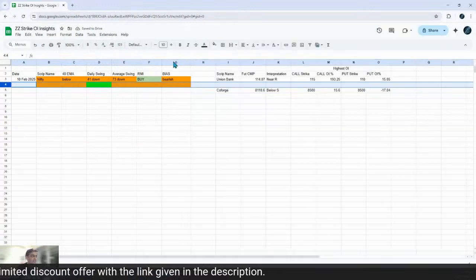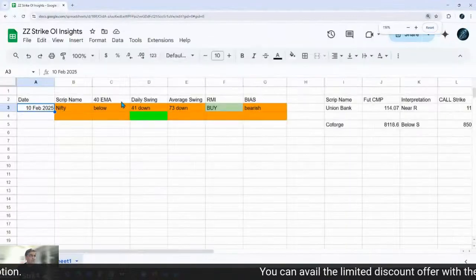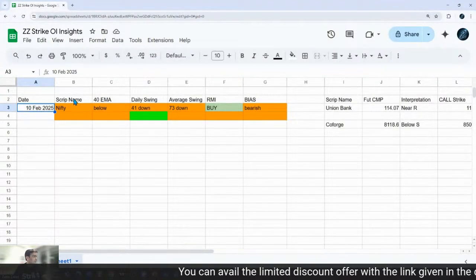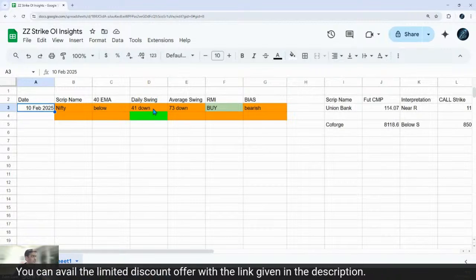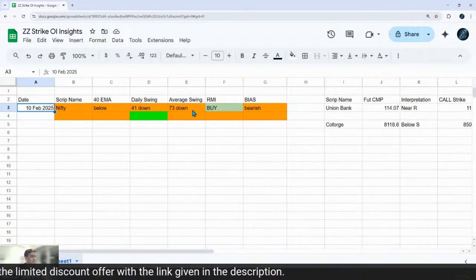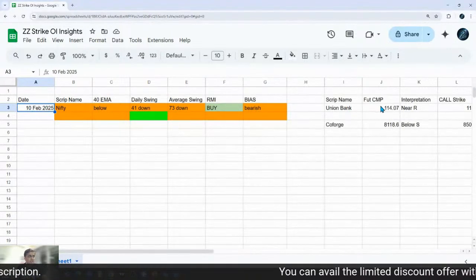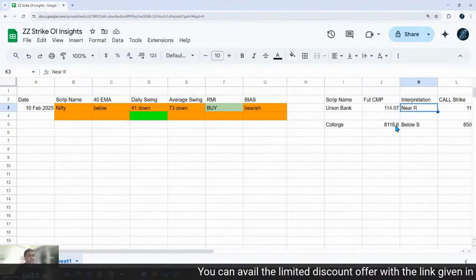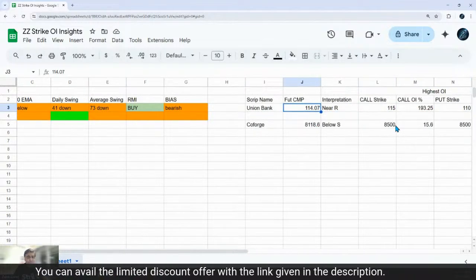So you can also make a journal entry like this, wherein you note the date, 10th of Feb, script Nifty was below the 40 EMA, the daily swing was down, average swing was down, but RMI was in a slight buy mode. The bias was bearish.